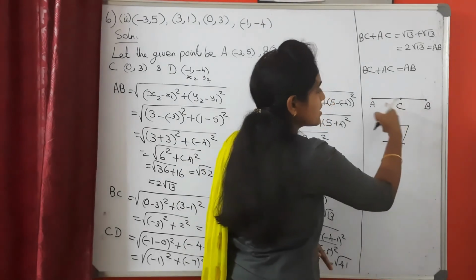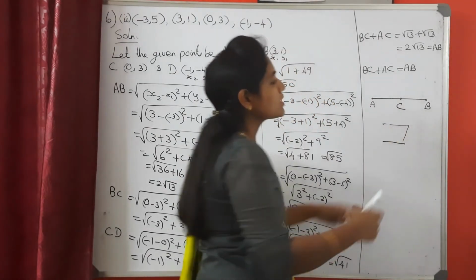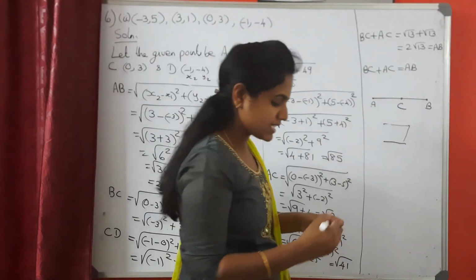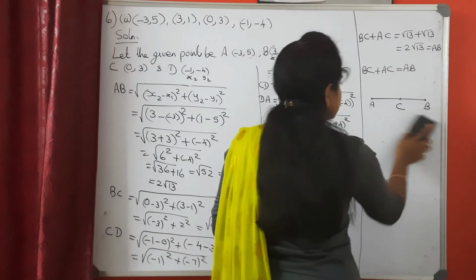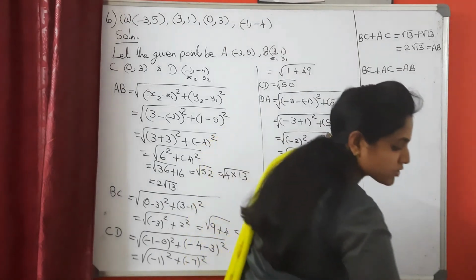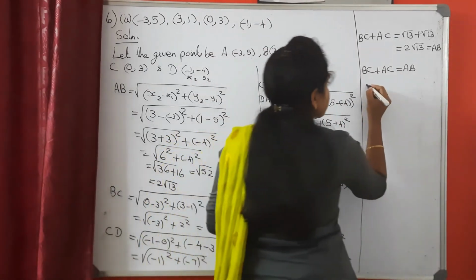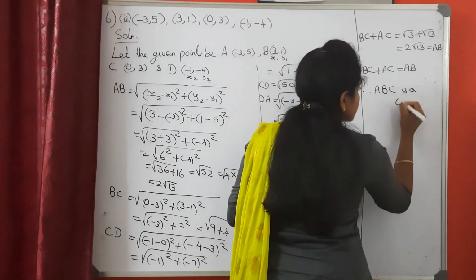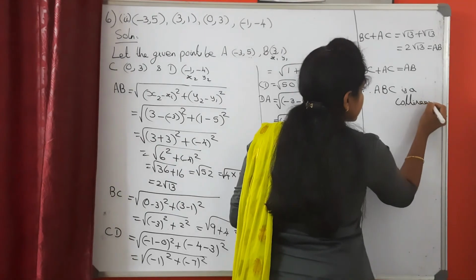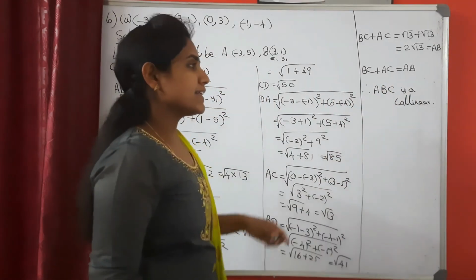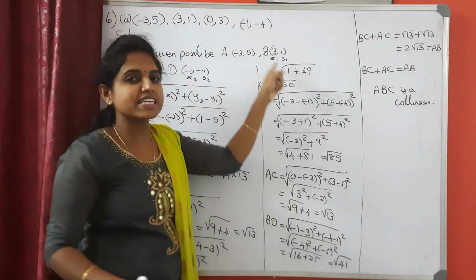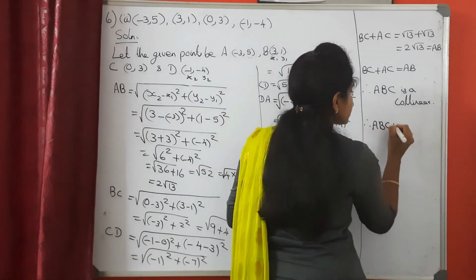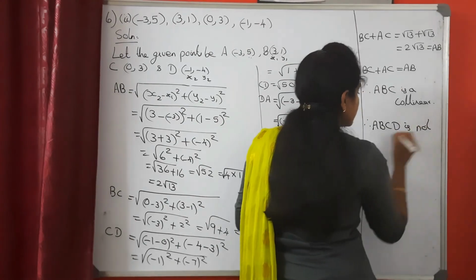Now ABC is collinear. More than 2 points lie in the same line. Therefore ABCD is not a quadrilateral. So what we got? Sum of two distances equal to one more distance. Therefore ABC is collinear. So 3 points lie in the same line.